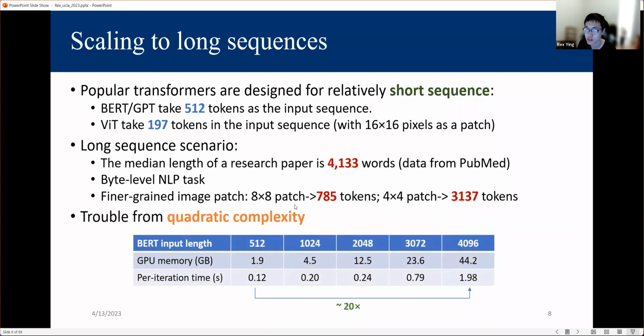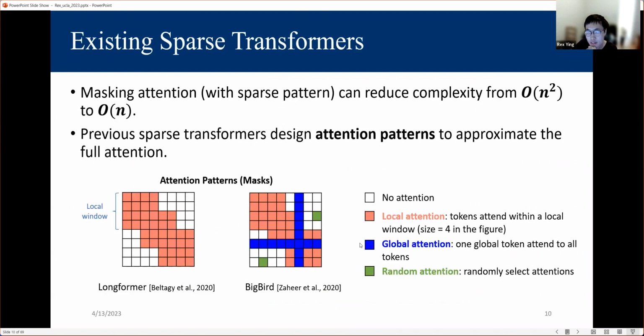In real world time series like sensor data and so on, you would typically encounter sequence lengths of even more than hundreds of thousands, and quadratic time with respect to that length is just not feasible, because as you can see, the GPU memory as well as the training and inference time just grows dramatically with respect to the length of the token.